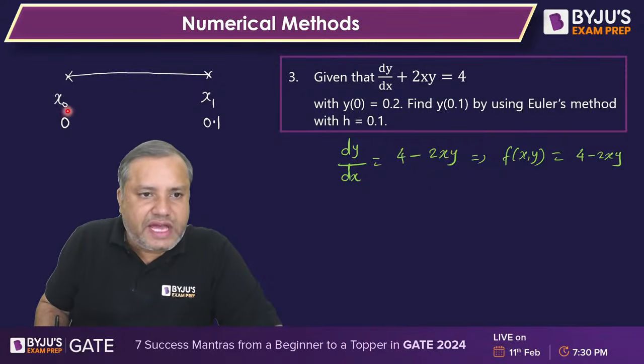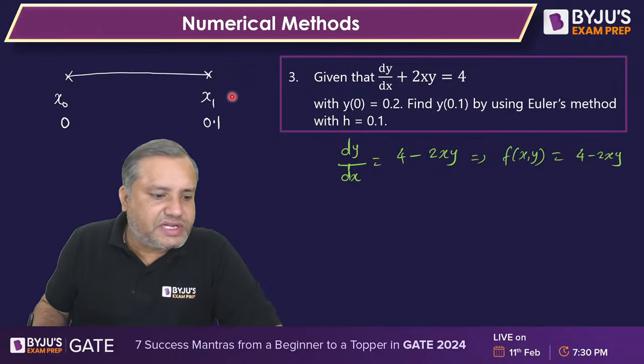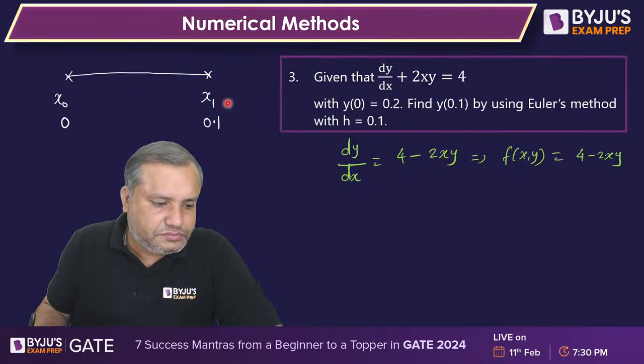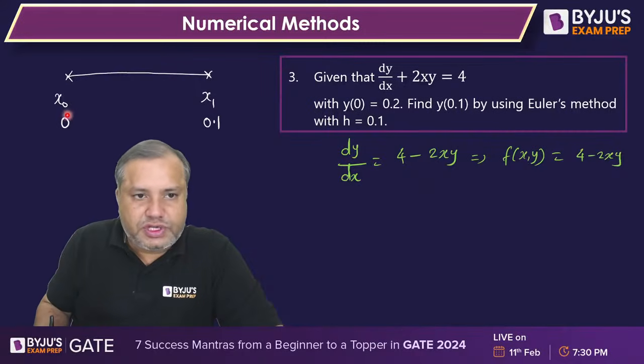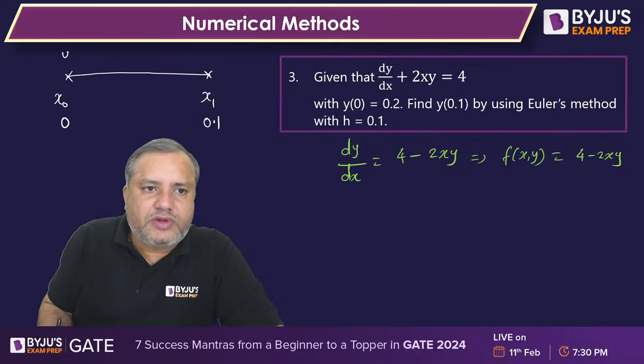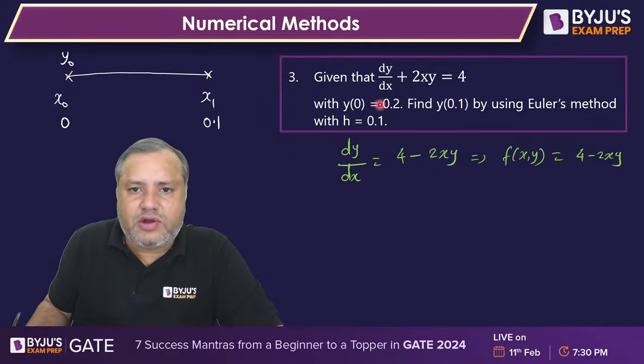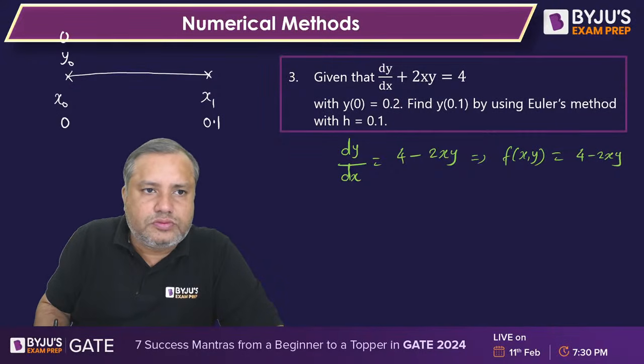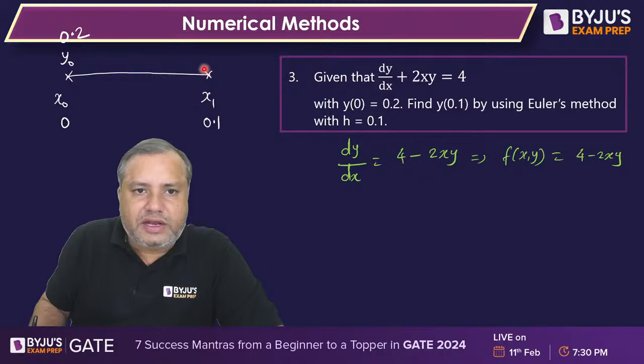When h is added to x naught, you must get x1. Corresponding to x naught, y naught is 0.2. Then corresponding to x1, we need y1, and y1 is unknown for us.